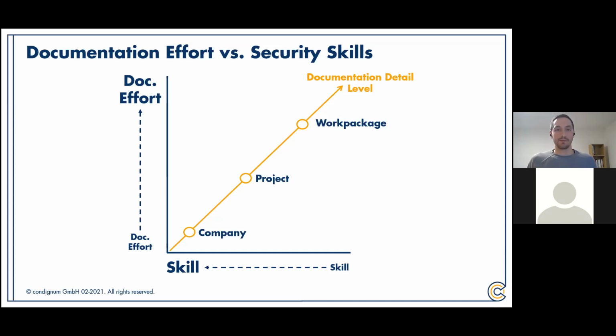So each developer, when he starts a new user story, will be completely aware of the concrete, specific requirements which are important for this work package. So depending on these attributes, you just have to decide how much documentation effort you want to invest and on which level you anchor your requirements.